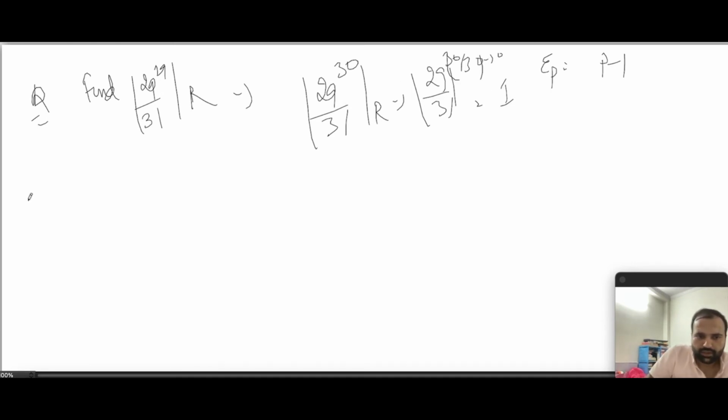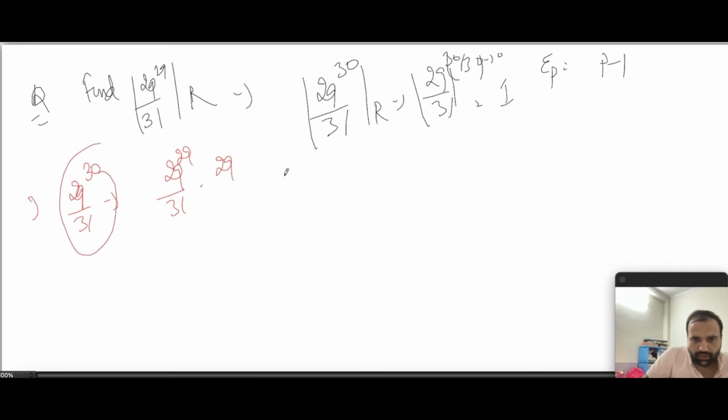So it implies that we can write 29, 30. This can be written in the form of 29 to the power 29 by 31 into 29. We can write this way. Now we are breaking this term, so this term can be written in the form of 31k plus 1. 1 is the remainder, k is the quotient, 31 is the divisor.